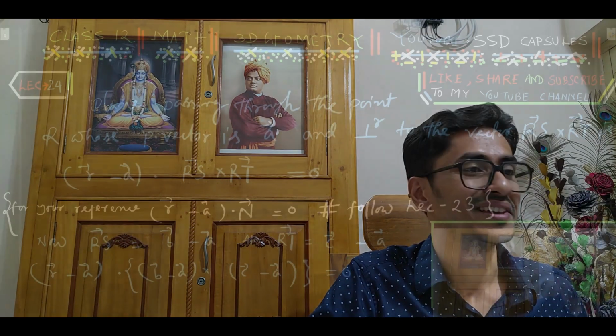There is another theory we are going to use from the vector chapter. It may lie in the appendix section of the NCERT vector chapter. Scalar triple product, vector triple product: you can just go through, then you can understand everything.